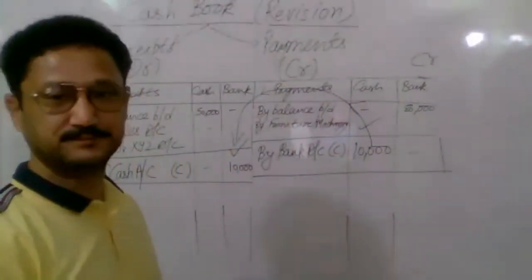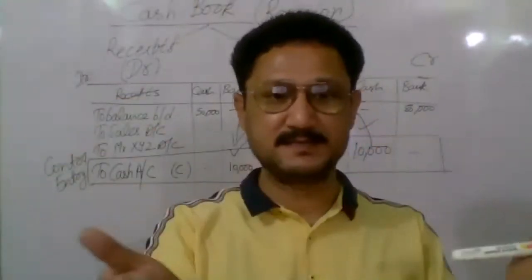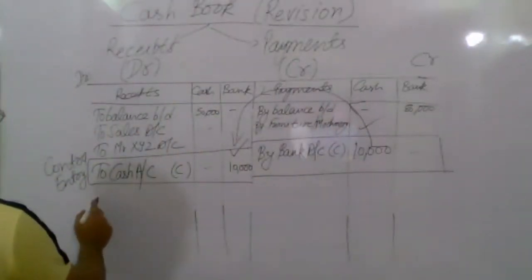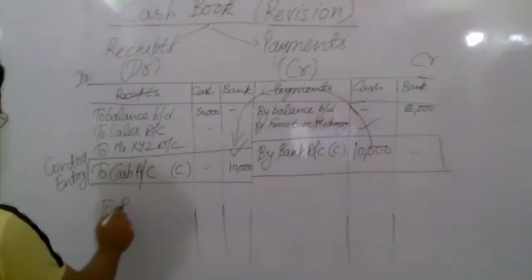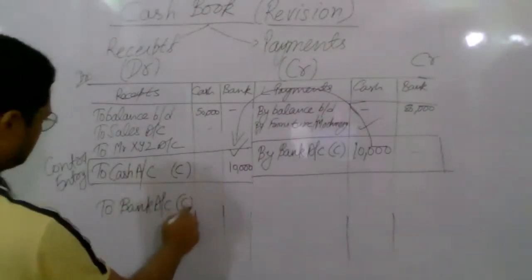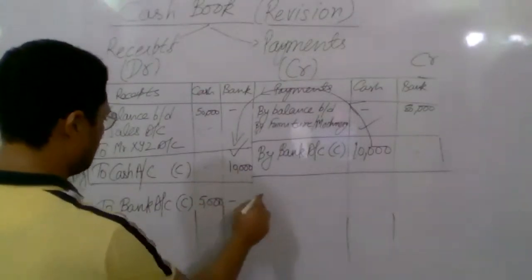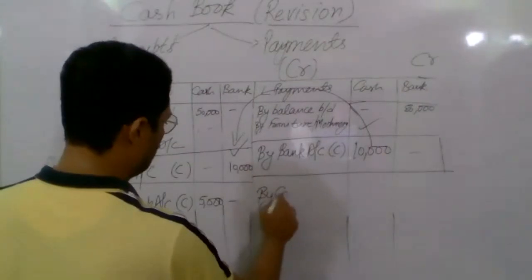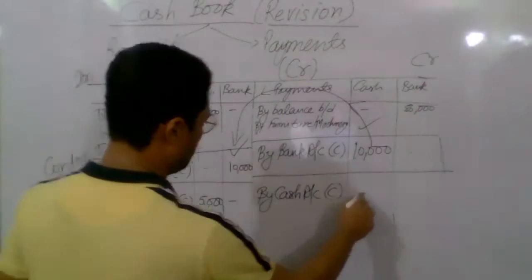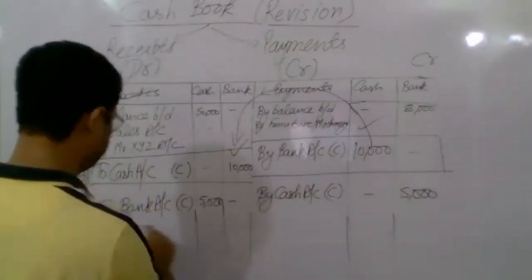Now the second entry, if money is withdrawn from the bank for office use, what is the contra entry? This is the contra entry.